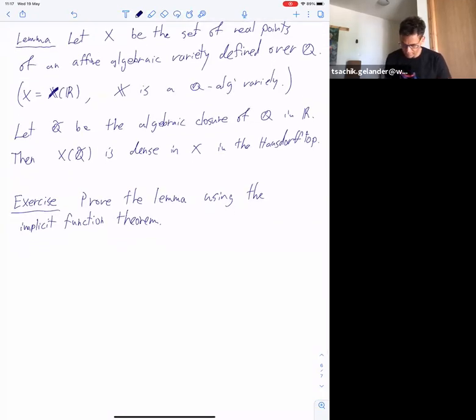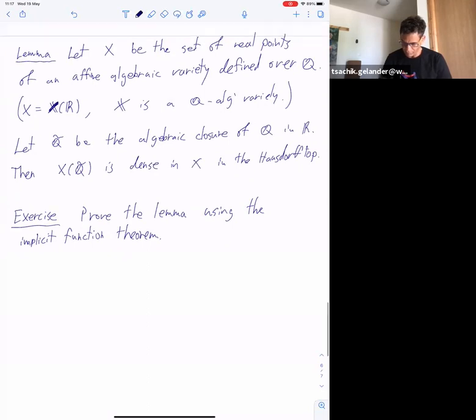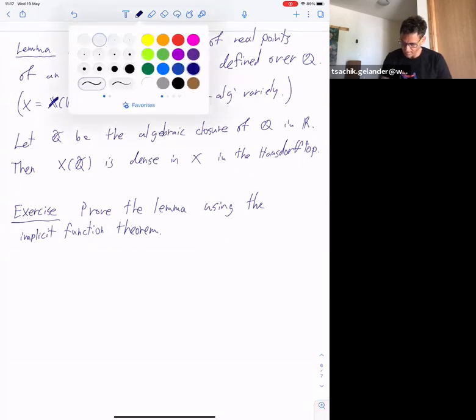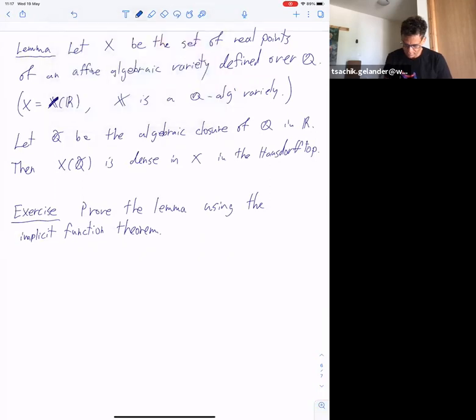So now let X be Hom(Γ, G). If G is, let's say, a matrix group, an affine algebraic group defined over Q, then Hom(Γ, G) is a real affine algebraic variety defined over Q. Why is it defined over Q?